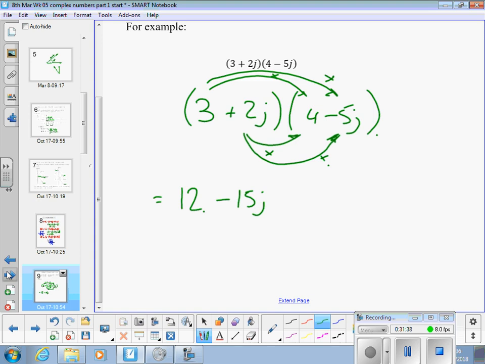2j times 4 is 8j. 2j times minus 5j is minus 10 j squared.